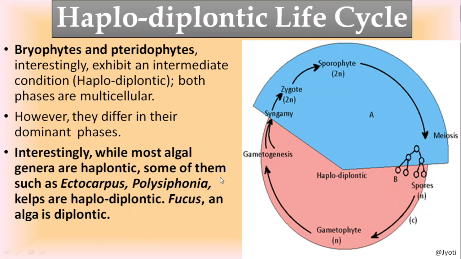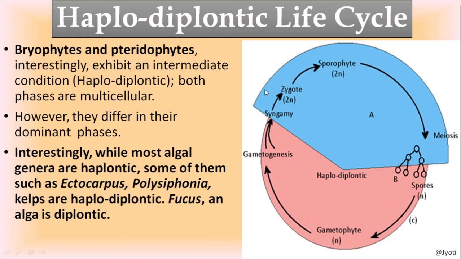Here you can see in the life cycle, in bryophyte the gametophyte is long lived, and that is the main plant. But in case of pteridophyte, the sporophyte is the main plant.